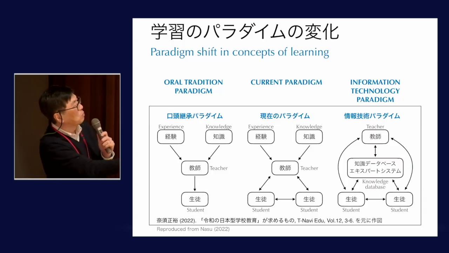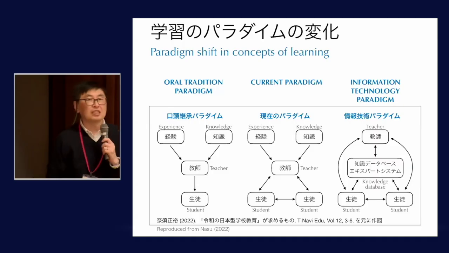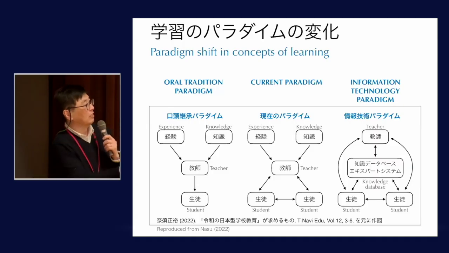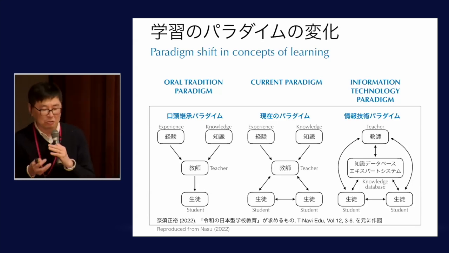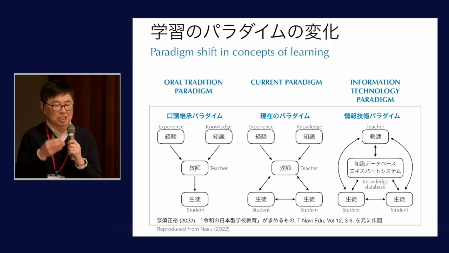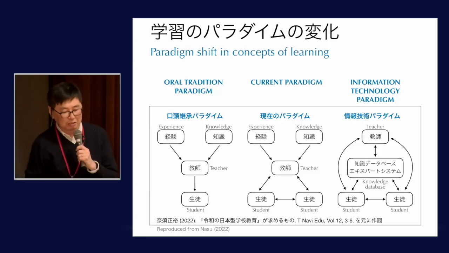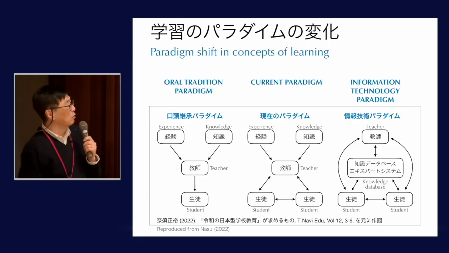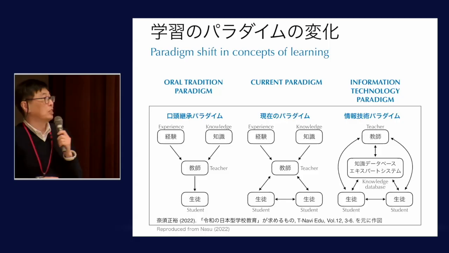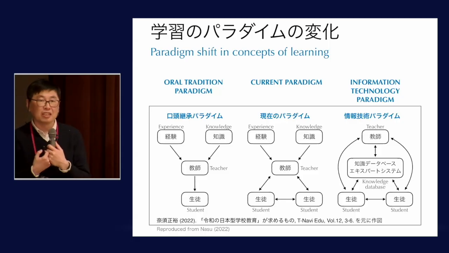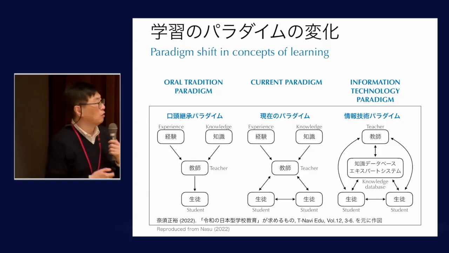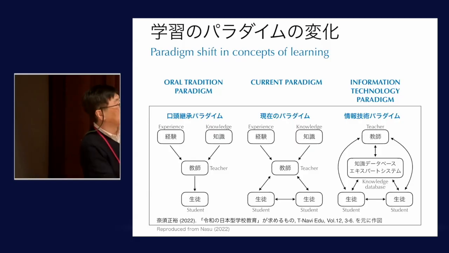In the modern paradigm, you can see an intellectual way for the teacher and the student. However, in the ICT paradigm, the teacher and the student can share the same database, or resource, or information database. The oral tradition paradigm is a very old type.